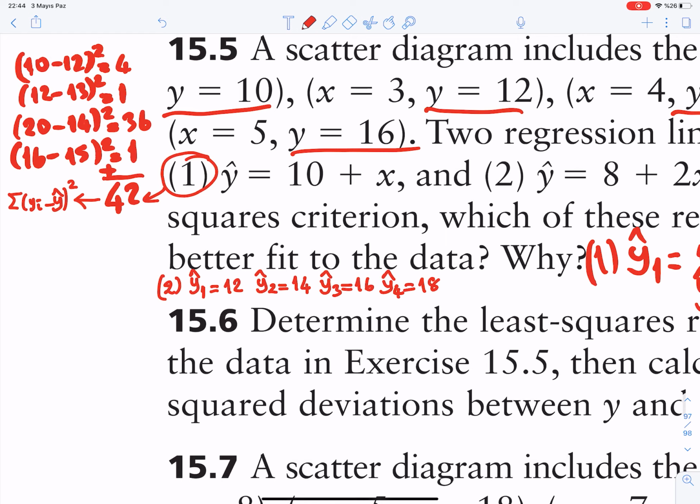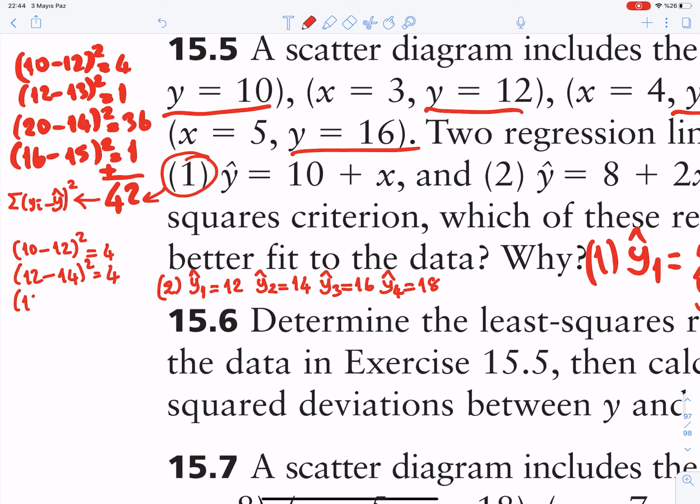Now to make a comparison between this and 42: the first value is 10 minus 12 squared, which is 4, and the next one is 12 minus 14 squared, which is also 4.